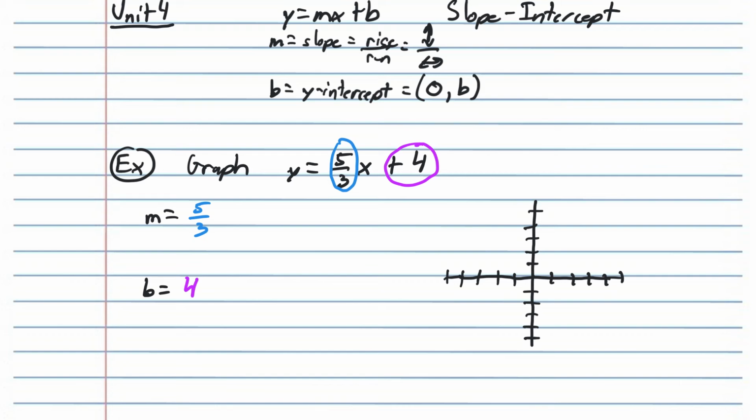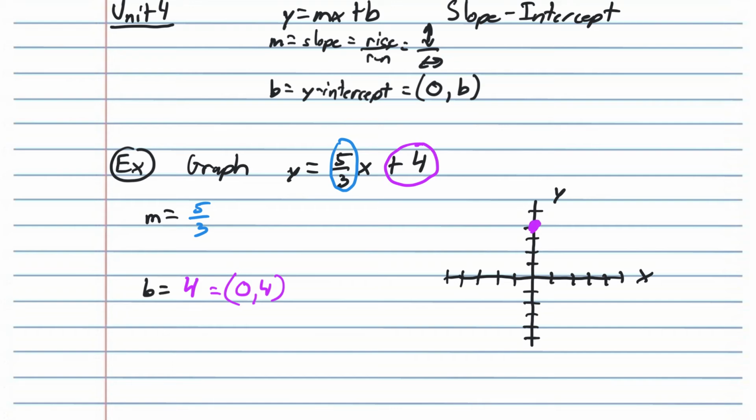All right, so we begin with b. So our starting point is at 4. So we're starting at (0, 4), right? And we always start on that y-axis, that vertical axis, the up and down axis. Okay, so (0, 4) is 0 left and right, up 4 spaces. So 1, 2, 3, 4 would be here.